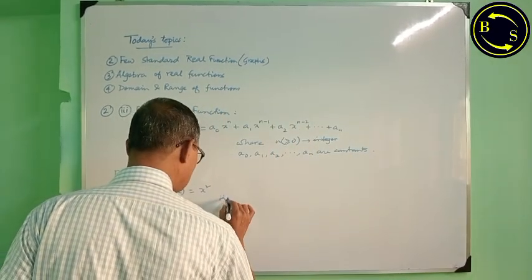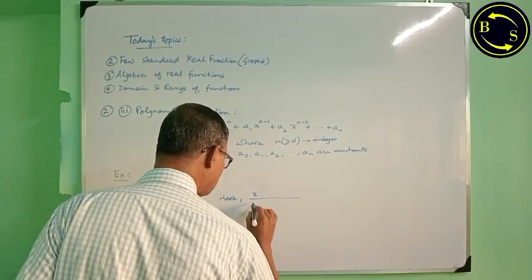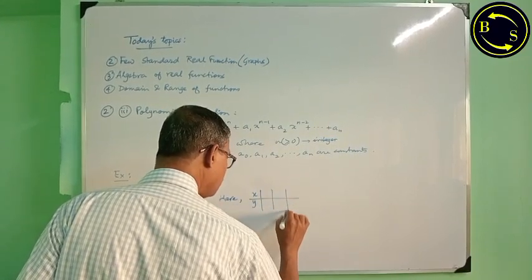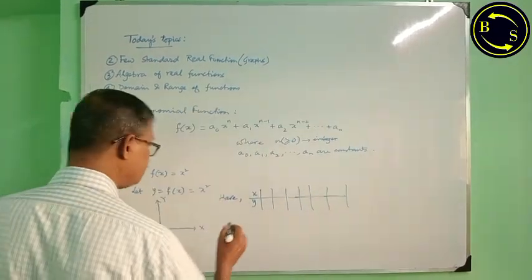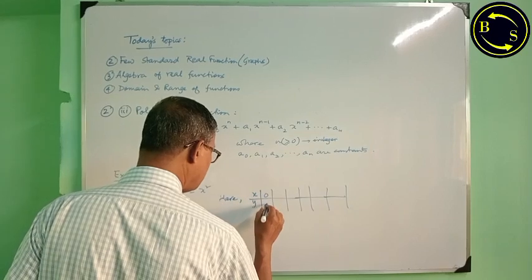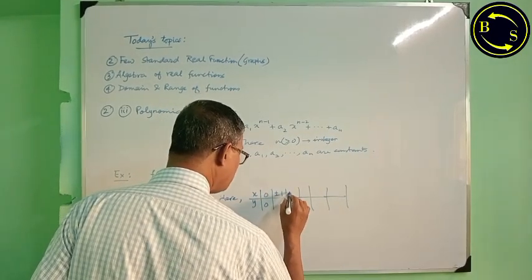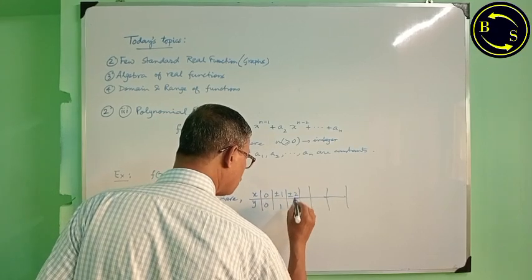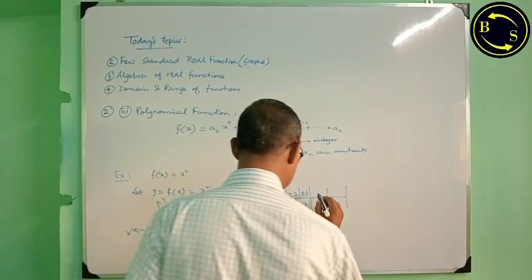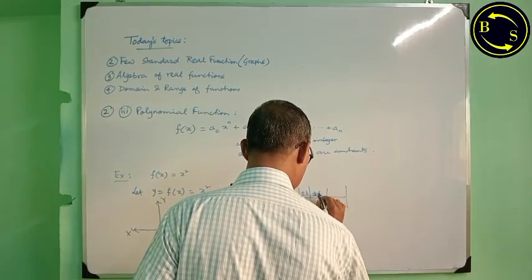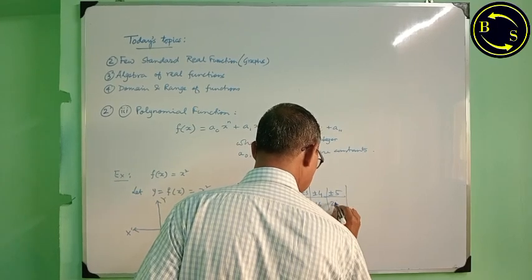Here for 0, it will be 0, plus minus 1, it will be 1, plus minus 2, it will be 4, plus minus 3, it will be 9, plus minus 4, it will be 16, plus minus 5, it will be 25.